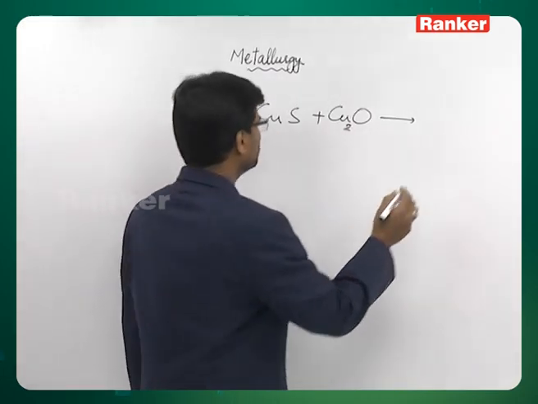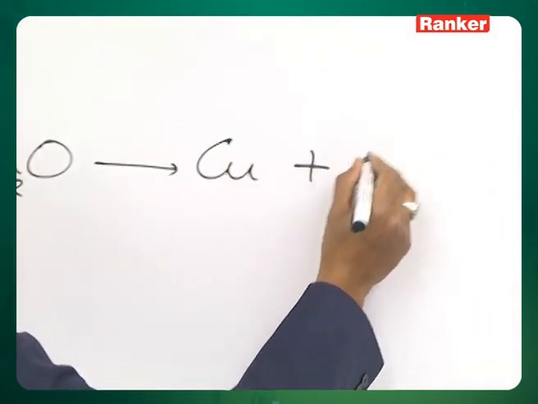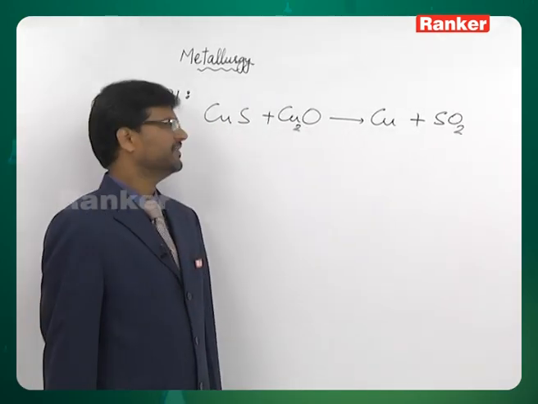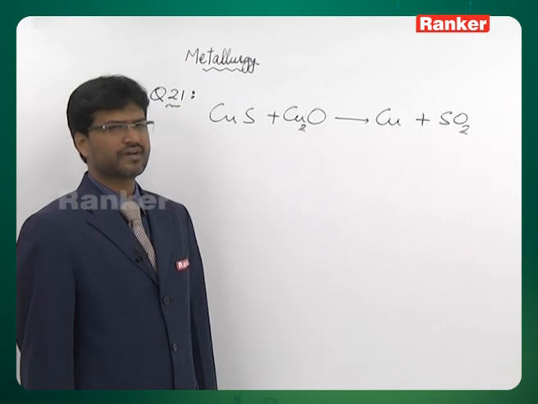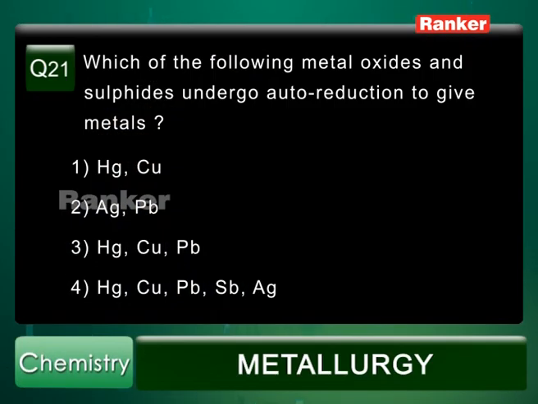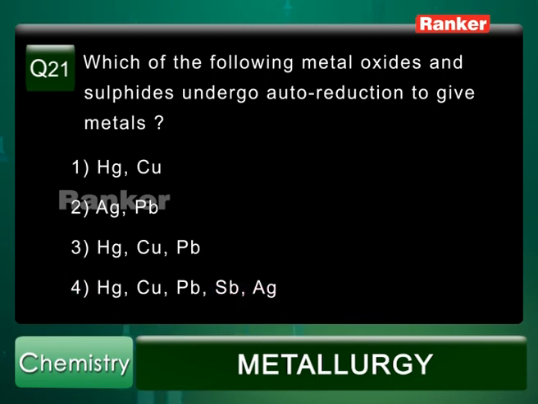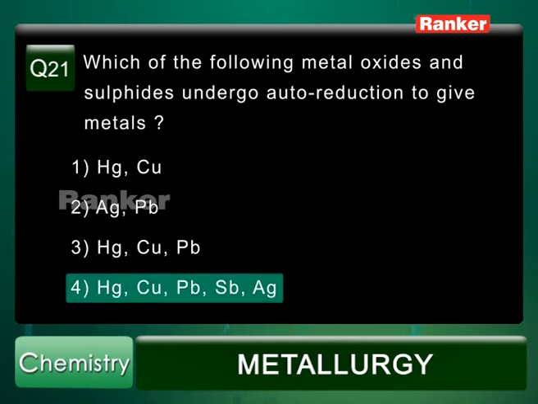CuS plus Cu2O gives copper plus SO2. Mercury, copper, lead, antimony and silver can undergo auto reduction.